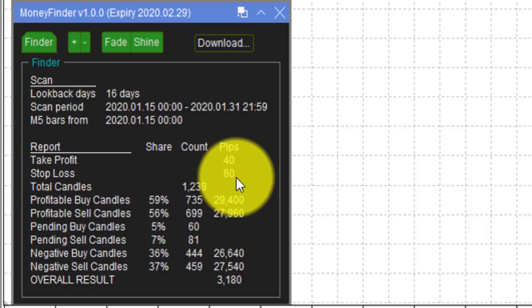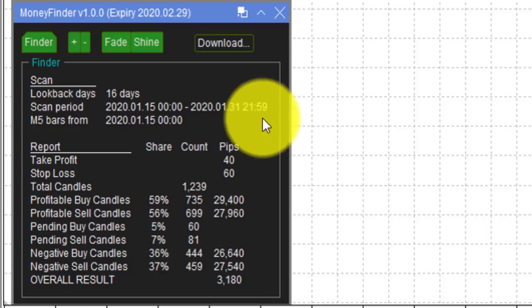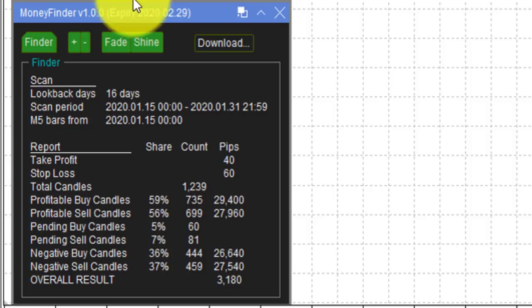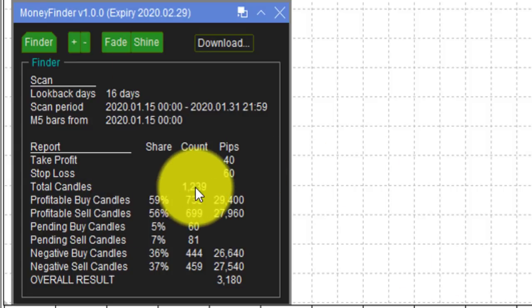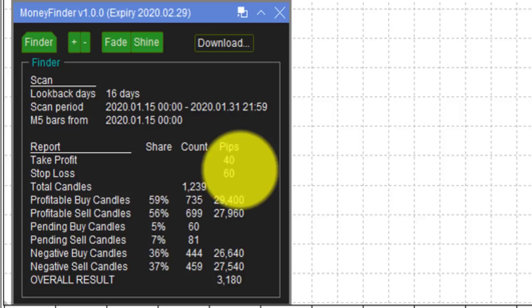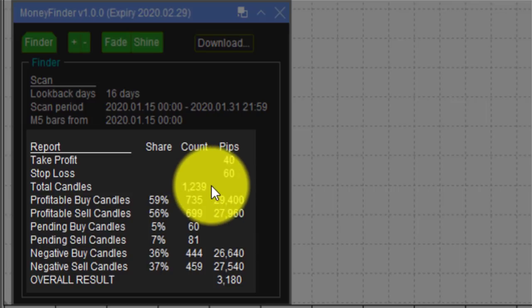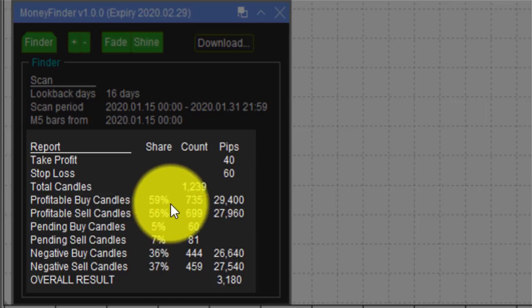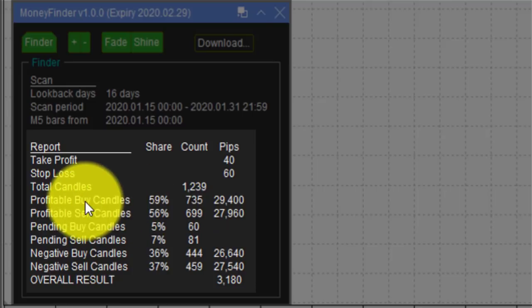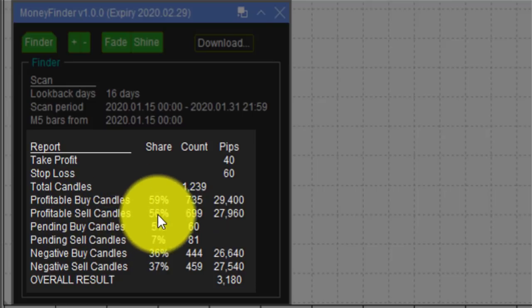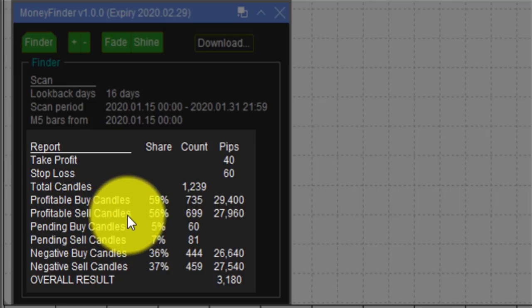Now, if you apply that to this particular chart, which is the 15-minute chart, so if you trade every candle as a buy and a sell, so at the open of every candle, you enter a buy and a sell. It says that of the 1,200 candles, 59% will be successful as buys, and 56% will be successful as sells.